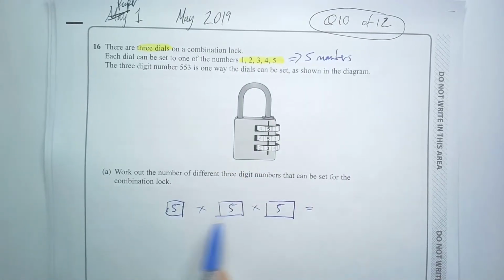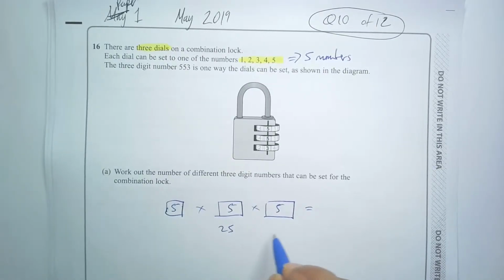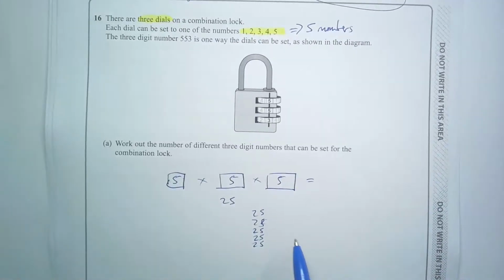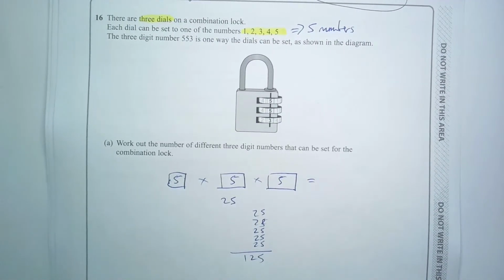And so we multiply this out. 5 times 5 is 25. 25 times 5, you can't use a calculator, so you can add it up 5 times because it's a non-calculator paper. 25, 5 times, and that gives us 125. 5, 10, 15, 20, 25.